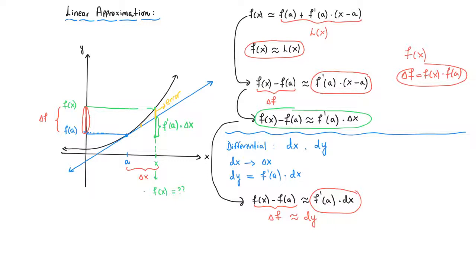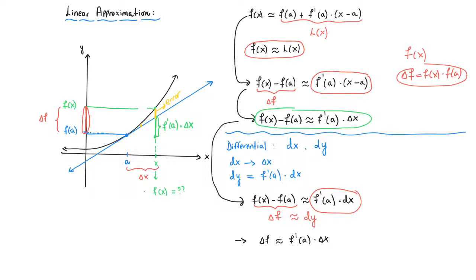But you're going to see that in this entire section, my preferred notation will remain being the one with delta. I will still write that delta f is approximately equal to f prime of a times delta x.